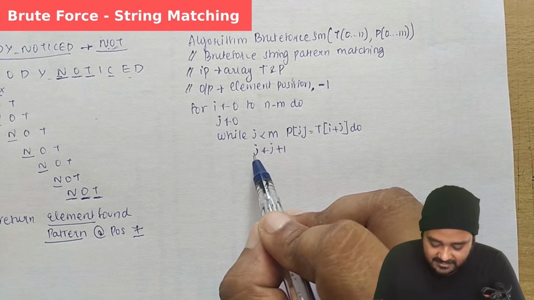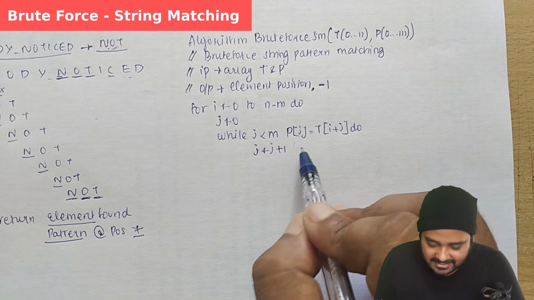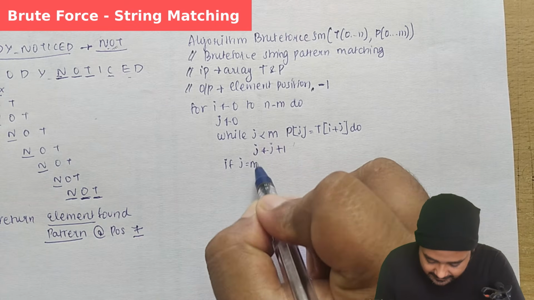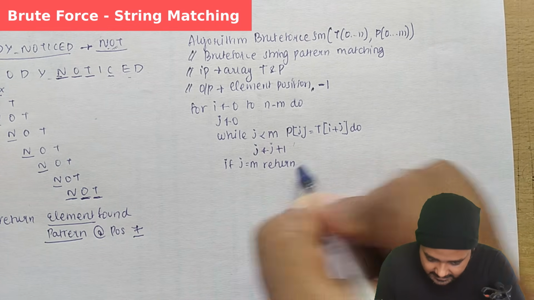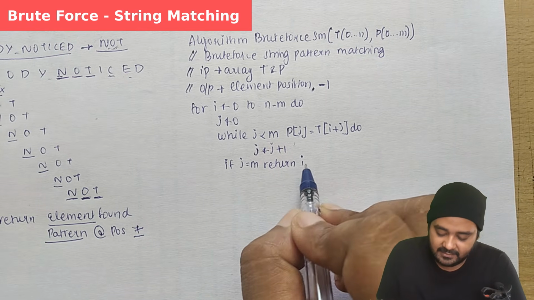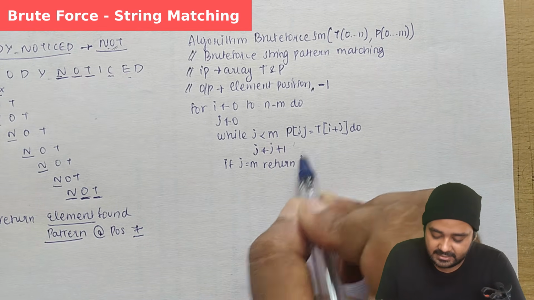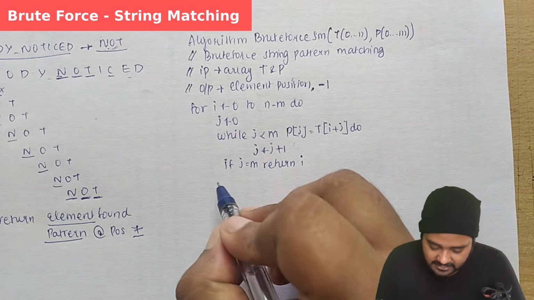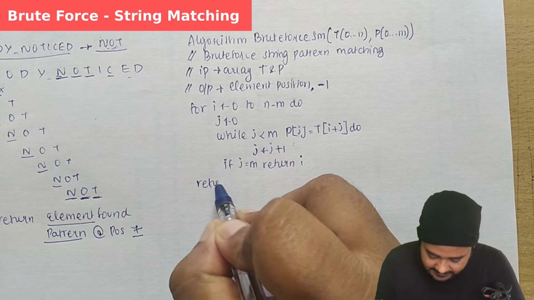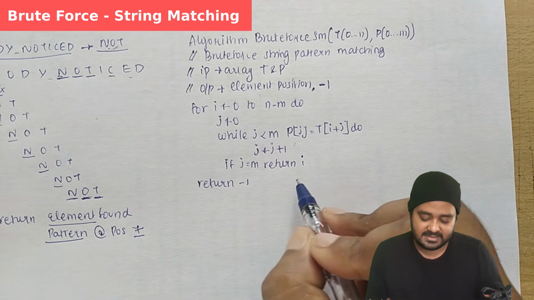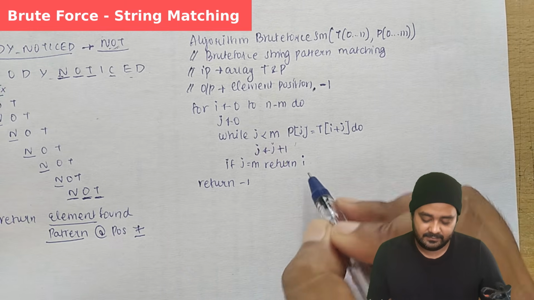Once it is matched, we move on; if it doesn't match, there is no need to move. Then if j is equal to m, return i, which means the element has been found, and I return its position. Or else I return -1, so if the element is not found, it returns -1. This is how it works.